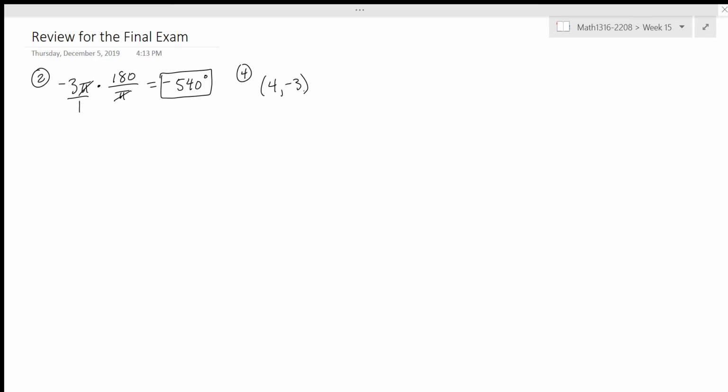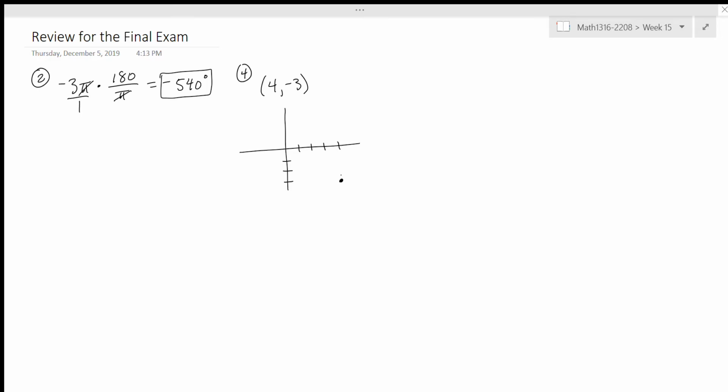So what can I do with a point? I can plot it. Okay, so let's put the dot in the right spot. 1, 2, 3, 4. 1, 2, 3. Looks like that's in quadrant 4.